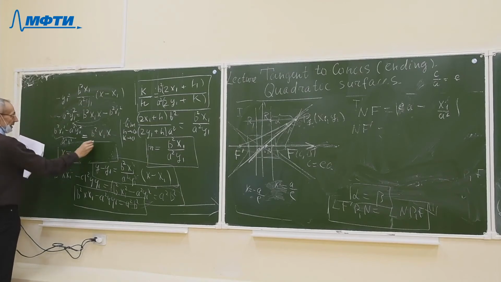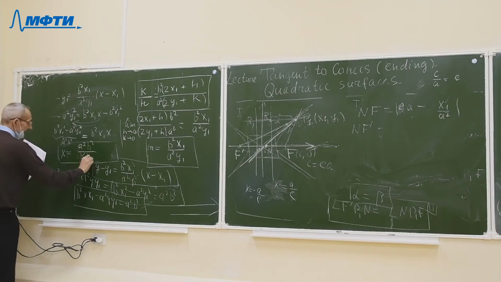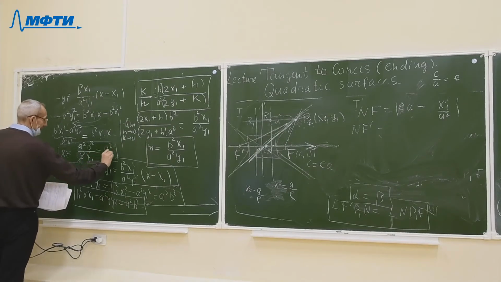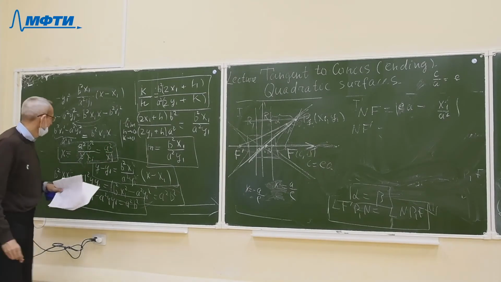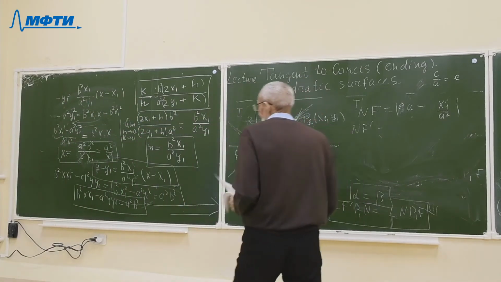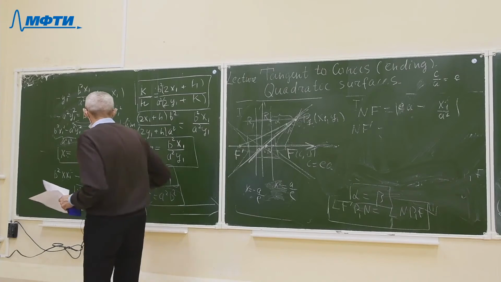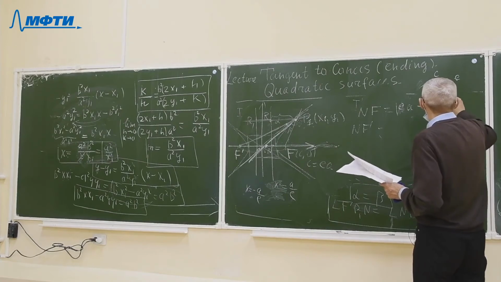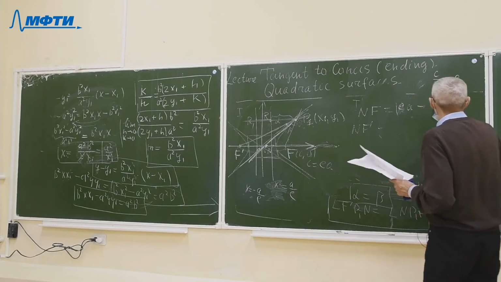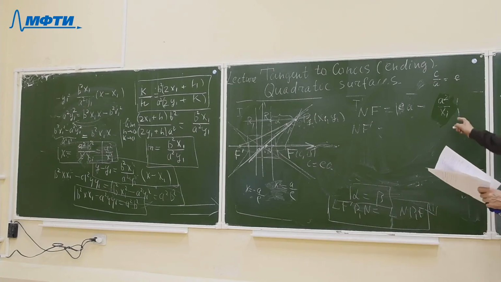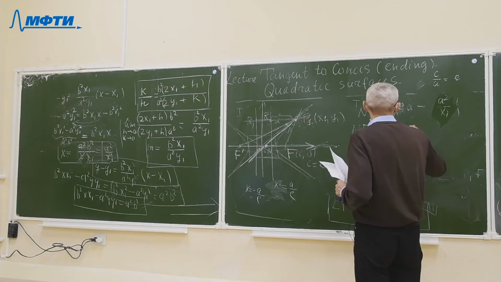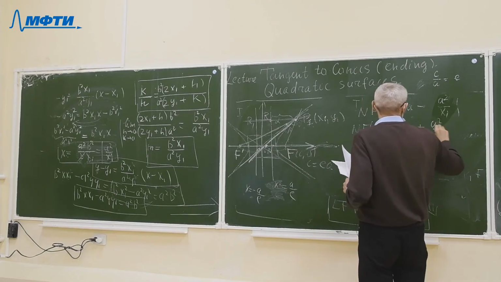Let's calculate x is equal to the ratio a square b square divided by b square x1. I'm sorry, b square. Subtract and we obtain a square divided by x1. And the ratio is equal to a squared divided by x1. That's exact. And NF prime, the same way, is equal to ea plus a squared divided by x1.